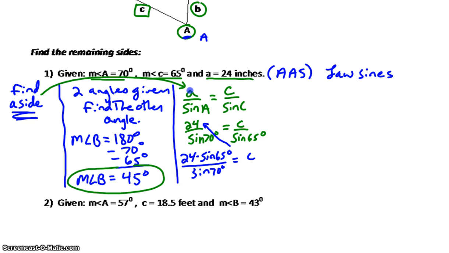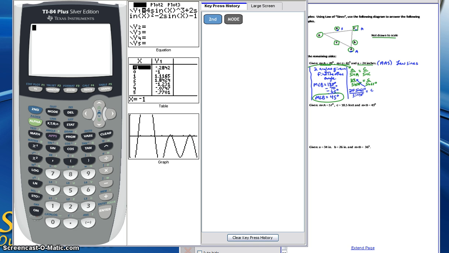If I punch this into my calculator, the first thing I need to do is make sure that I am in degree mode. So I need to type in my problem, and my problem in this case would be 24 times sine of 65.